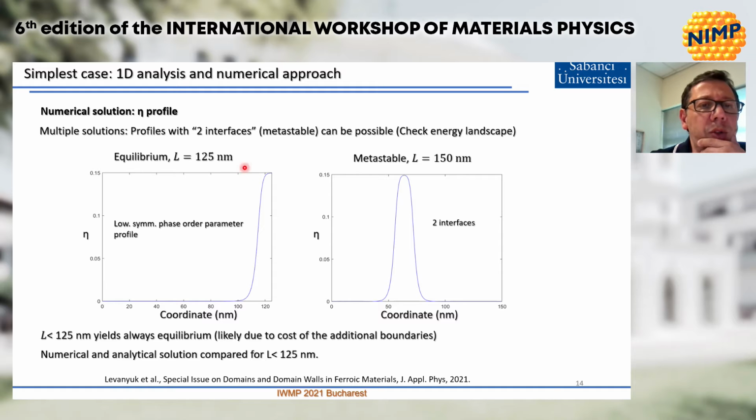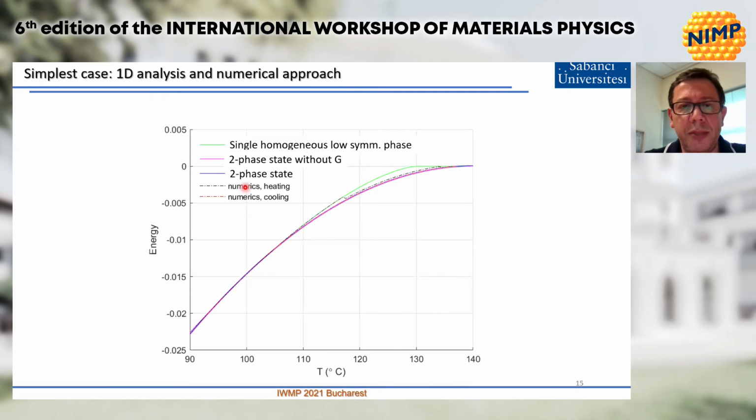What we did was remain within this length, because the numerics could also give us metastable solutions, and because we are interested in thermodynamic comparison, we mostly stayed within these dimensions. And so this is the two-phase state, I think this is for a sufficiently large system.